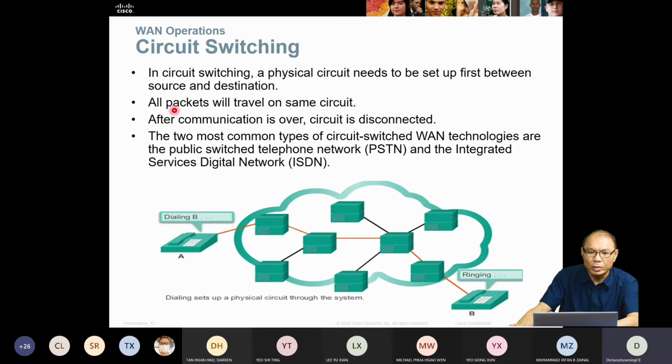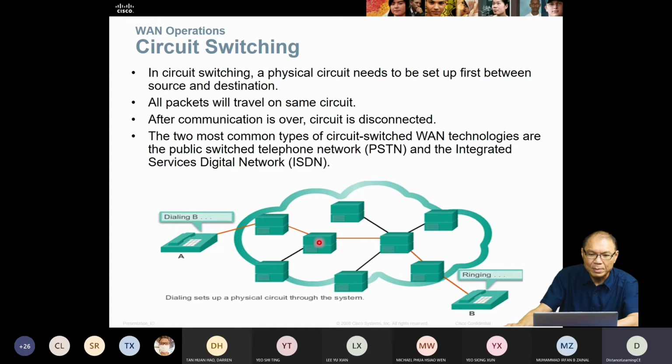Circuit switching is a technology where a physical circuit needs to be set up between source and destination. Let me give you an example. If I am this particular phone A, and I wish to communicate to phone B, before the ringing can take place, I must set up a pathway between phone A and phone B. This is called circuit switching.